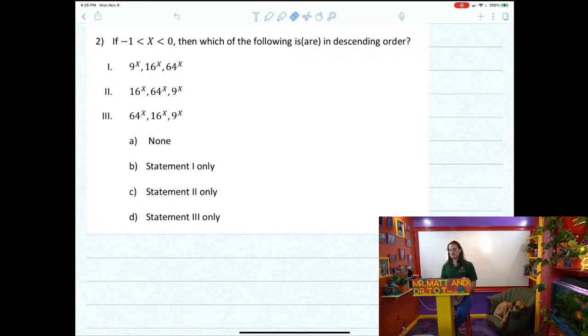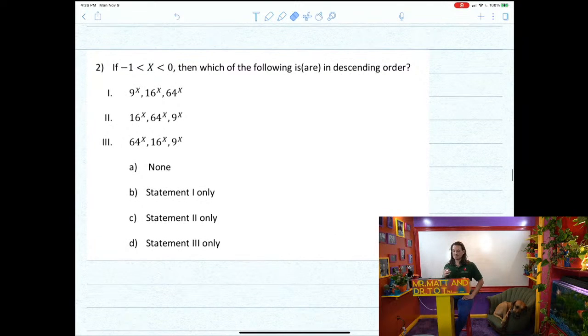Okay, so if x is in between -1 and 0, and notice that x is an exponent here. Let's pick x to be -1/2. You could have used any value in between -1 and 0, but it's a little bit tricky to think about.